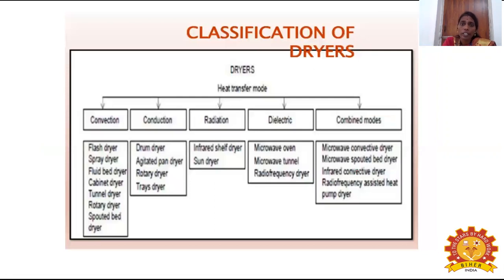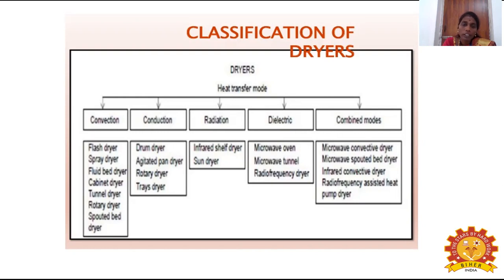Then classification of dryers by heat transfer mode: convection, conduction, radiation, dielectric, and combined modes. In convection, there are the flash dryer, spray dryer, fluid bed dryer, cabinet dryer, tunnel dryer, rotary dryer, and spouted bed dryer.